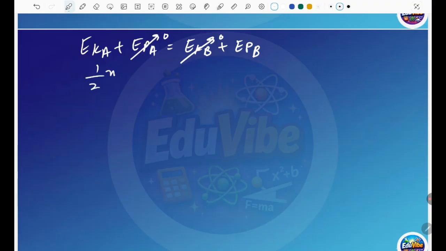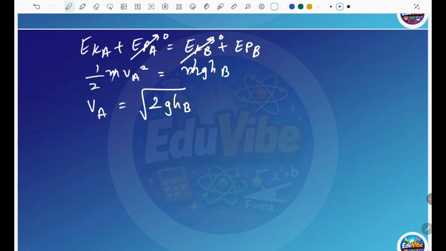We know that half mv squared is equal to mghB. We have to find the vA. So vA is equal to the square root of 2ghB. The mass goes out, and we get this.